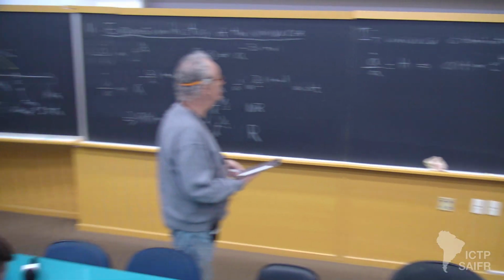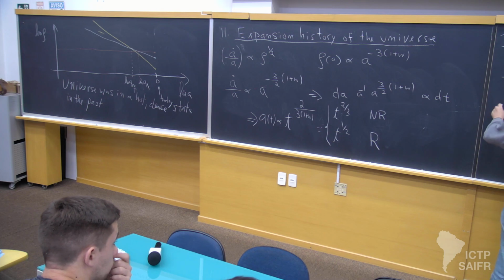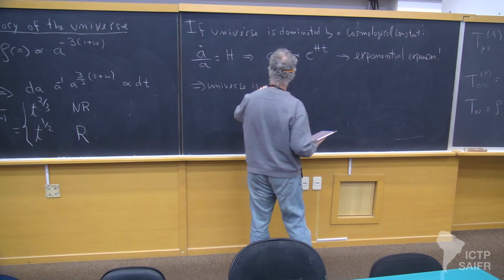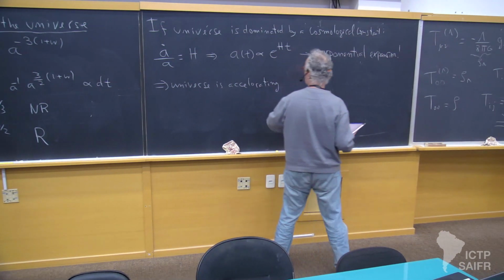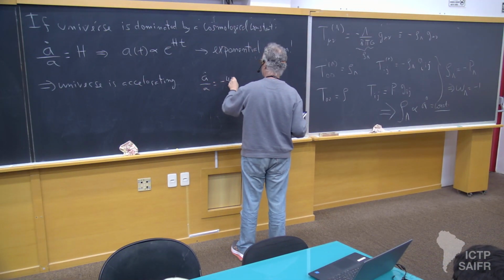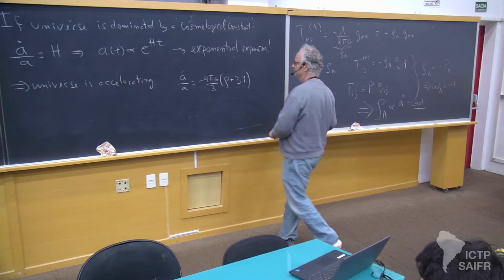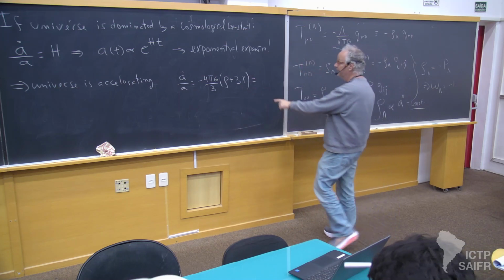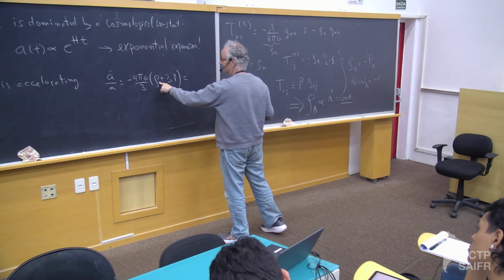And the exponential growth actually means that the universe is accelerating. So why? Because a double dot over a, in general, is minus 4 pi G over 3 times (rho plus 3p). But for a cosmological constant, remember, p is minus rho. So this is minus 3 rho, and this is rho.